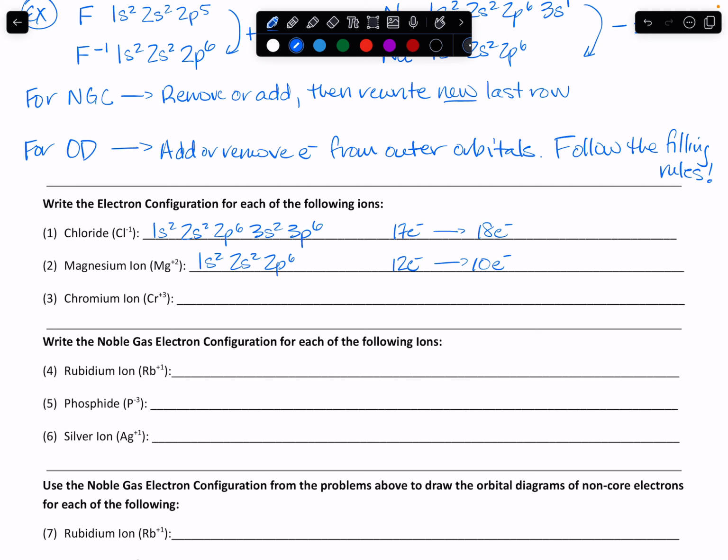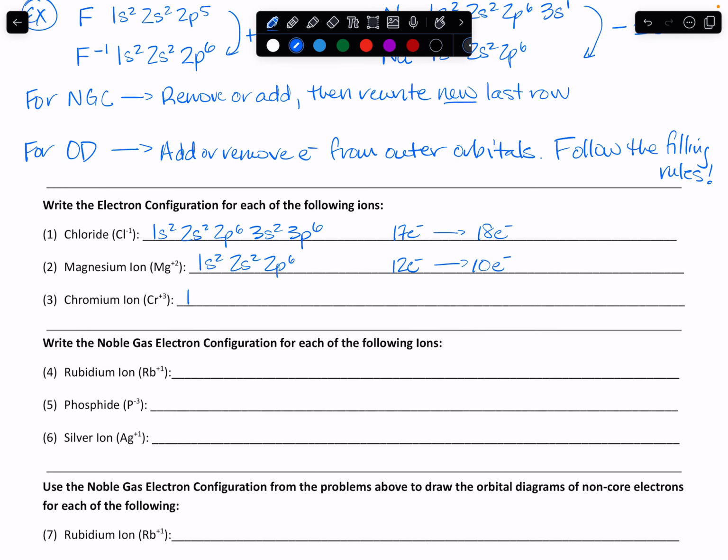Okay, now chromium. Let's do chromium's electron configuration first. 1s2, 2s2, 2p6, 3s2, 3p6, 4s2, 3d, and let's count over, 1, 2, 3, 4, 3d4. So that's neutral chromium. But this is a +3 ion.